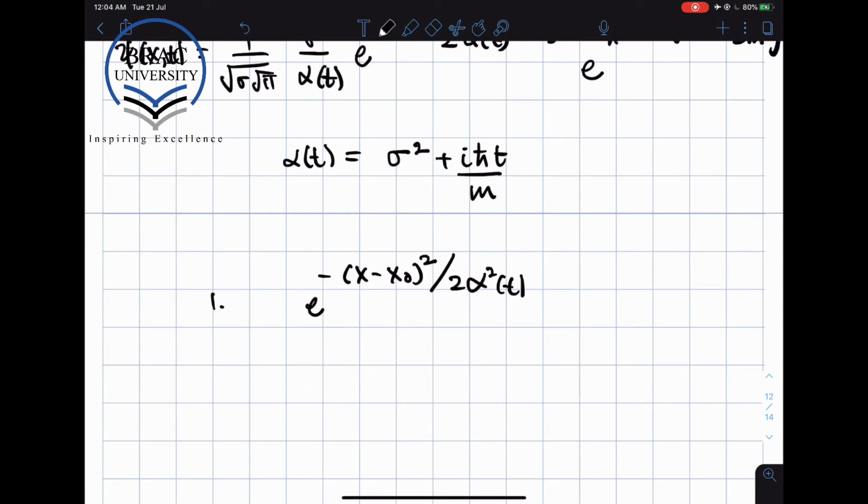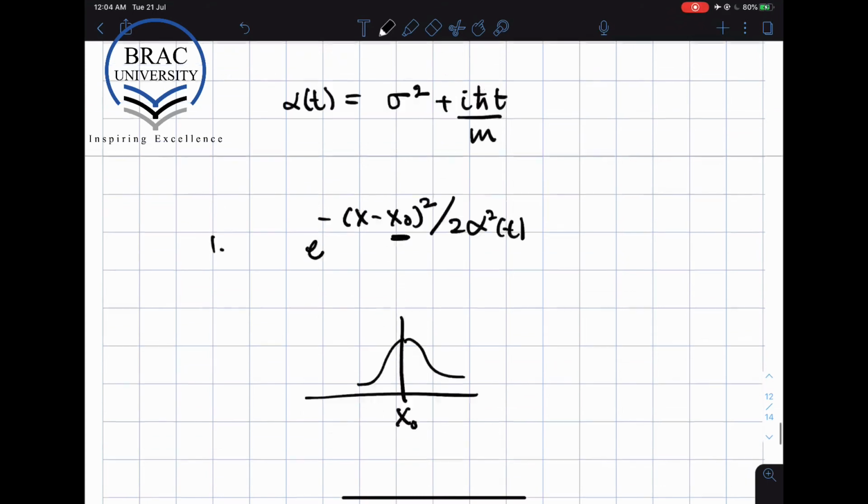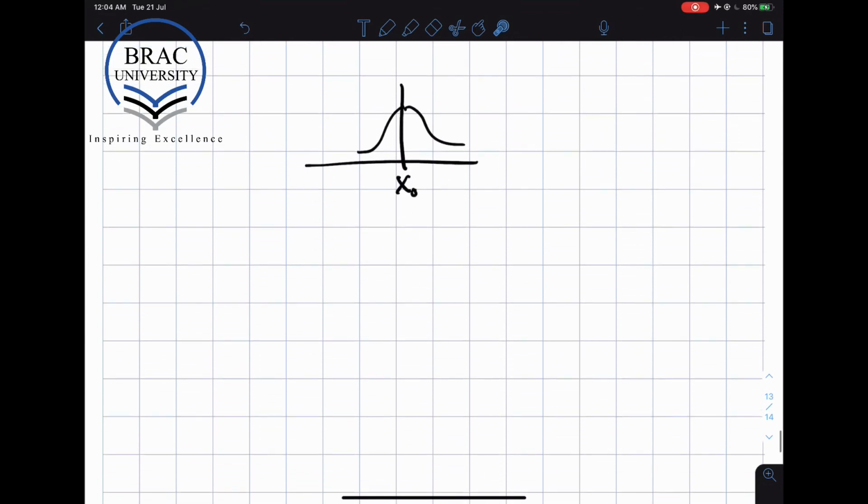X naught is the mean position of the Gaussian, because the Gaussian doesn't have to be centered at 0. It can have some other value, x0. And that is basically what this thing is. So here we see that this is the position, and this is a time-dependent position, the mean. And therefore, there is a velocity there. So the time-dependent mean position is this thing.